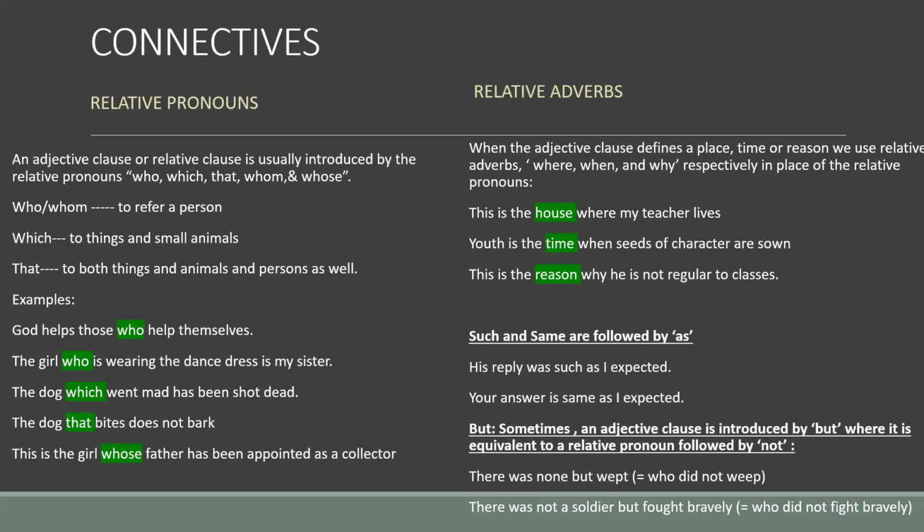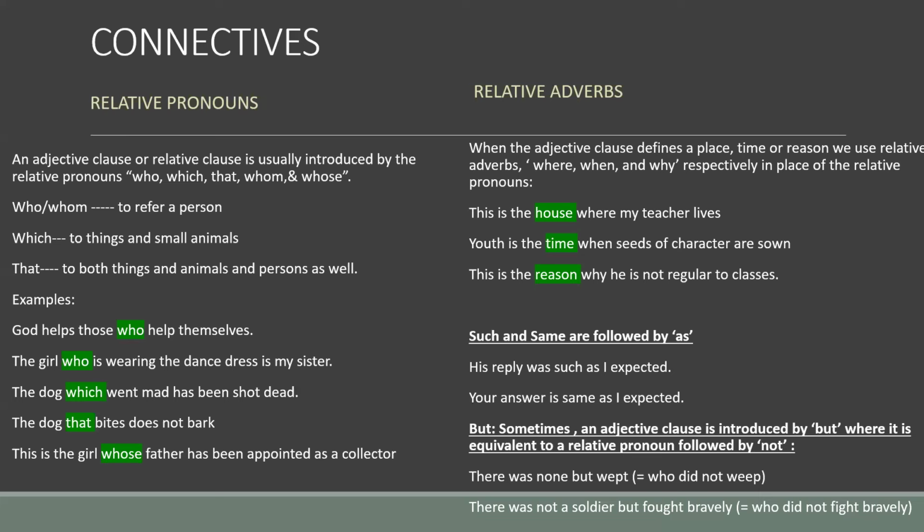The adjective clause comes as whose father has been appointed as a collector. Now, when the adjective clause defines a place, time, or reason, we use the relative adverbs where, when, and why, respectively, in place of the relative pronouns. This is the house where my teacher lives.